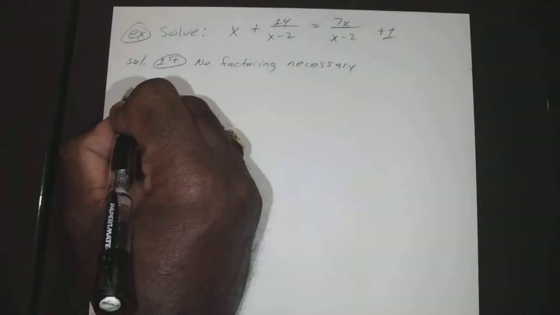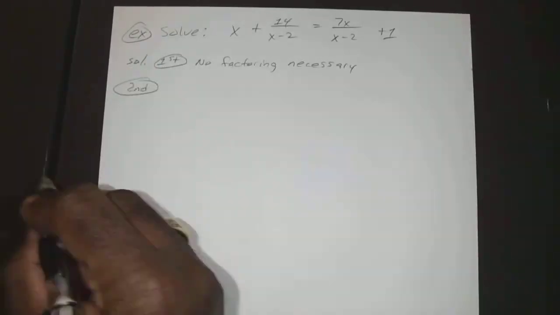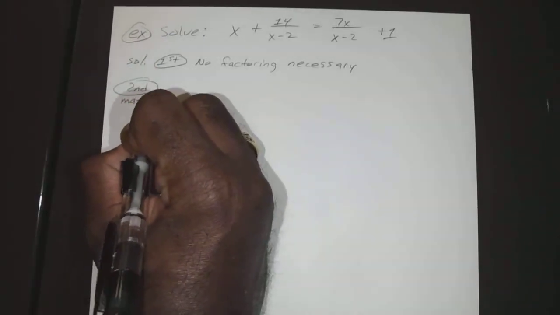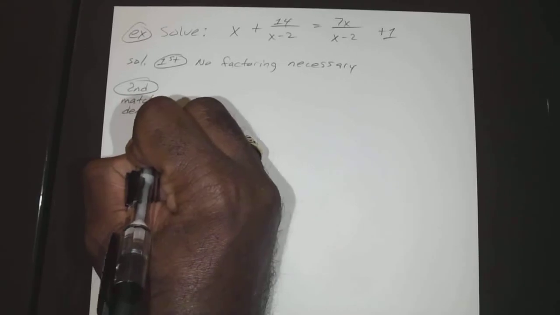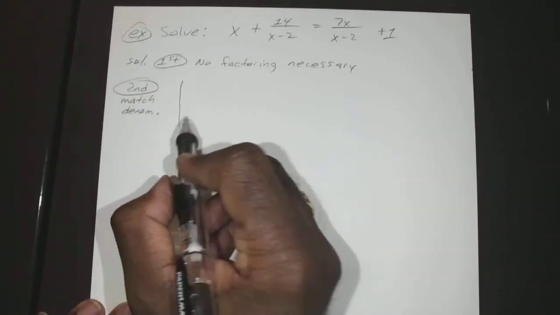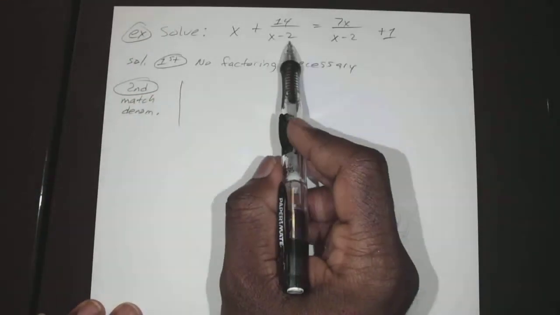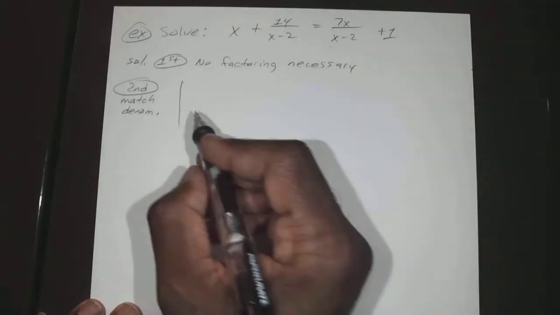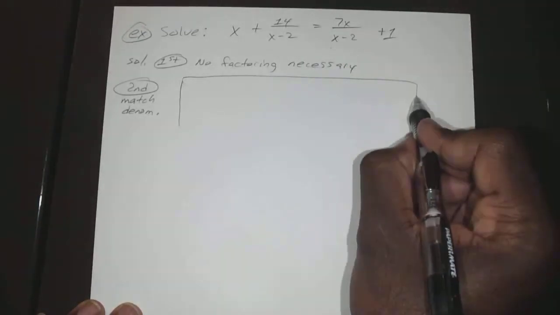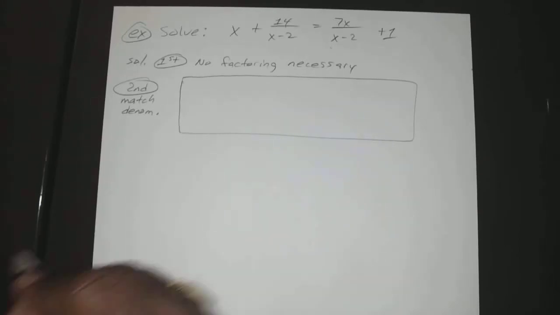Now for our second step, we're going to match our denominators. Since our only denominator is x minus 2, we can easily make all of those match.